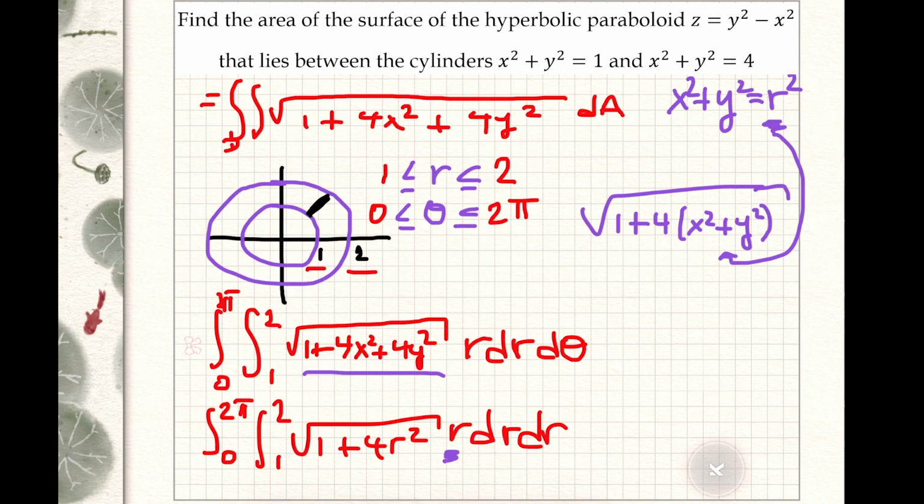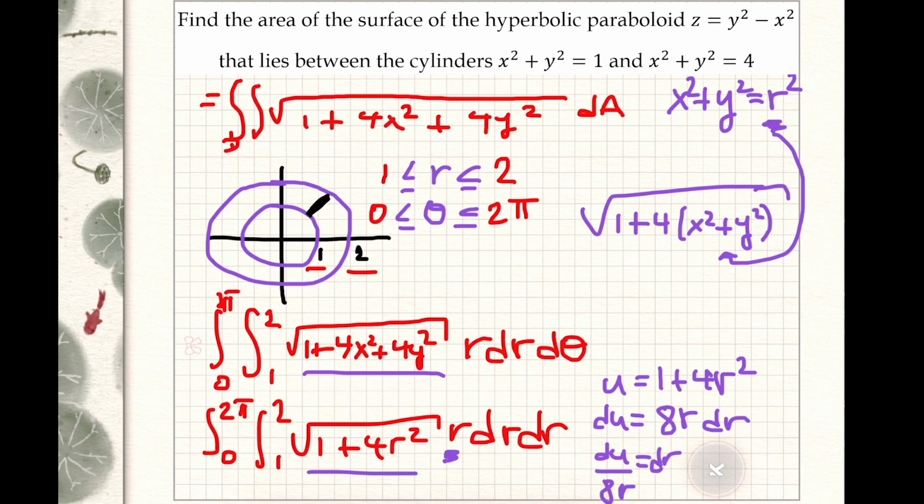Since we have an r here outside, we can use substitution to get rid of it. So our u is what's inside the square root: 1 plus 4r squared. We take now the derivative of both sides, giving us 8r dr. We divide by 8r, now allowing us to cancel the r with the 8r.